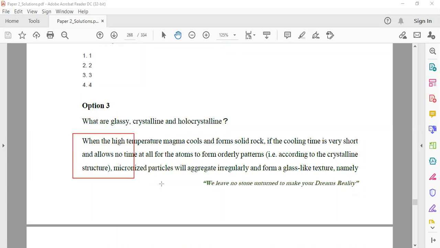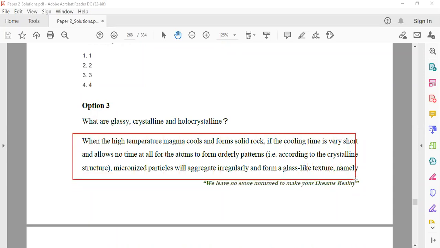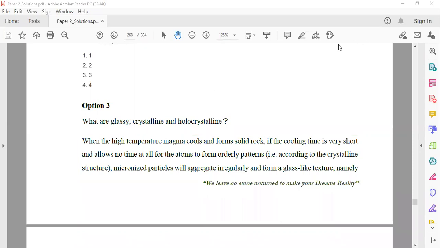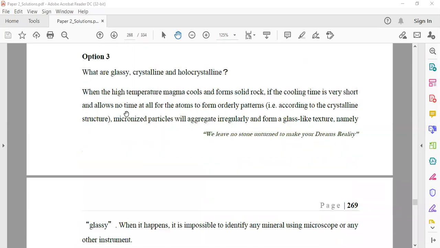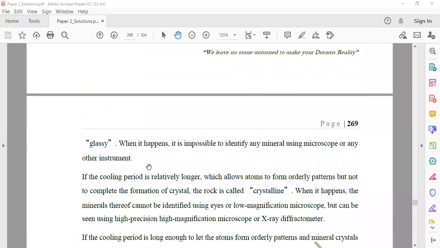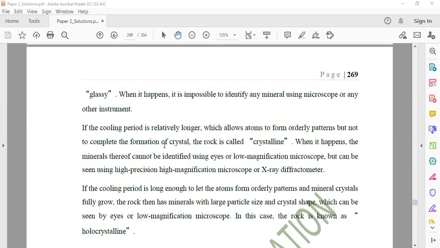So when the high temperature magma cools and forms solid rocks, if the cooling time is very short and allows no time at all for the atoms to form an orderly pattern according to crystalline structures, micronized particles will aggregate irregularly and form a glass-like rock, ठीक है, छोटा सा बनेगा, ठीक है, glassy. When it happens, it is impossible to identify a mineral using a microscope or any other instrument. Like I have already talked about microcrystalline glassy rock.